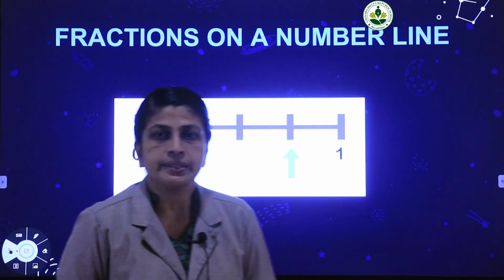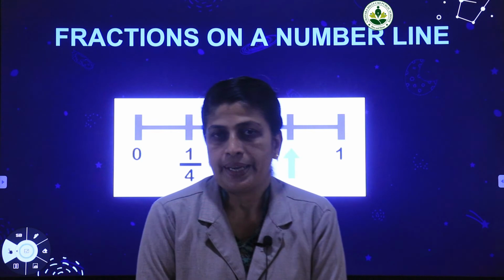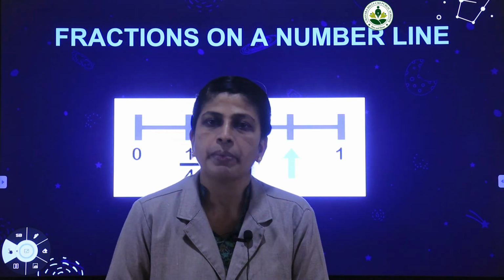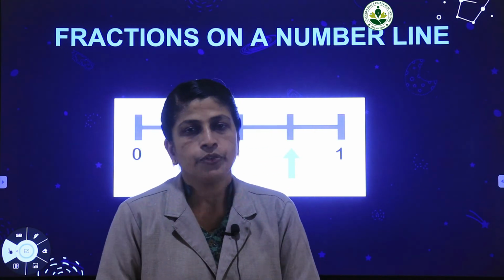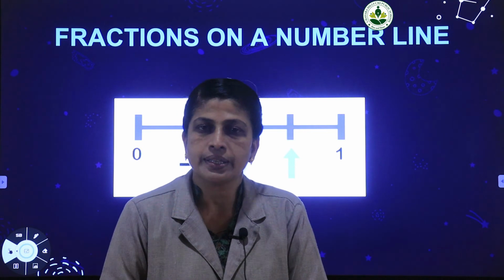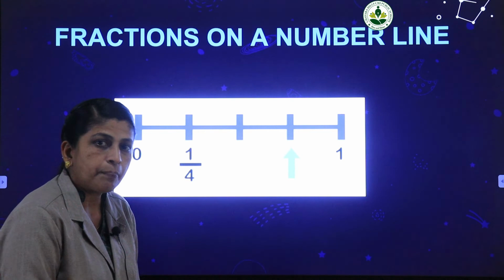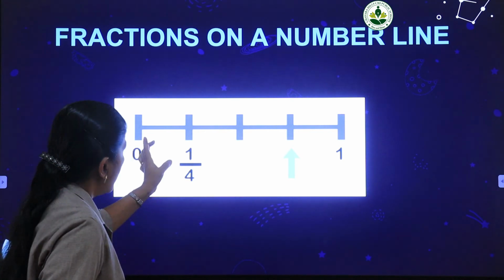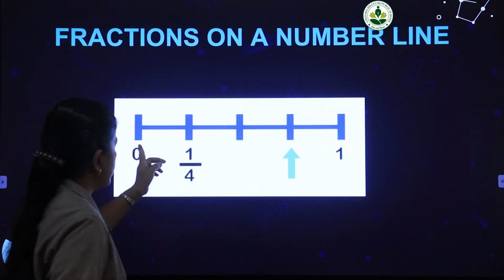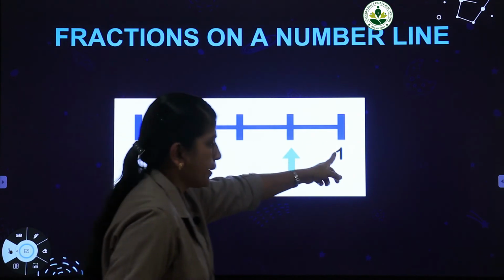We can represent this fraction on a number line. What is a number line? Number line means in a line, if we mark numbers, then it is known as a number line. Look at this 0 to 1.